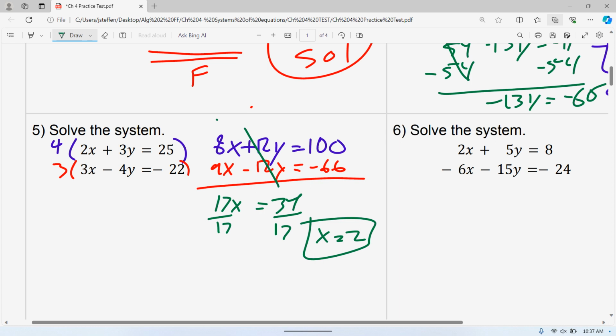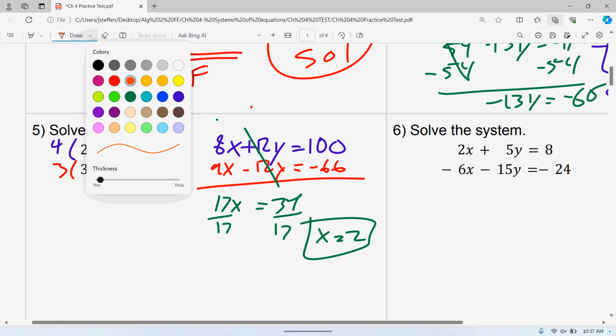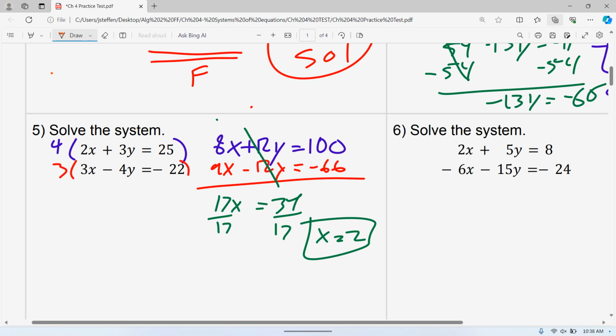Once you have your x, your y, it doesn't matter which one you plug it in for. So I'm going to plug it into the first one. Why not? That's 4 plus 3y is equal to 25.